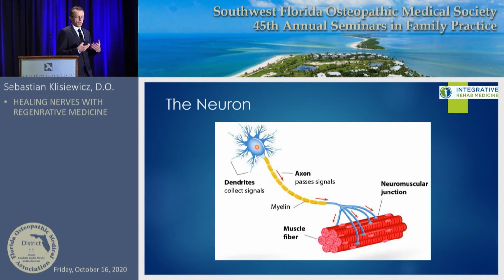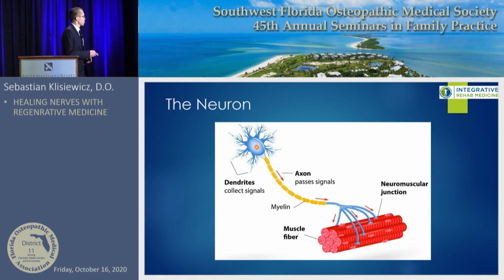So let's look quickly at the anatomy of a neuron. Very basic, a neuron is a very long cell. It has the cell body. Then it has the axons that attach to the end organ, which could be a muscle or some other organ. The axons are surrounded by myelin, and the myelin is created by Schwann cells.